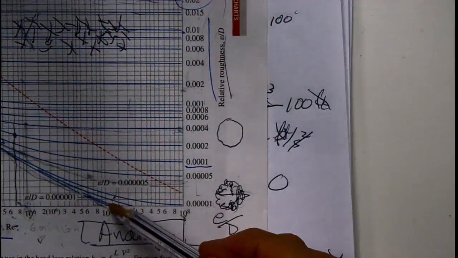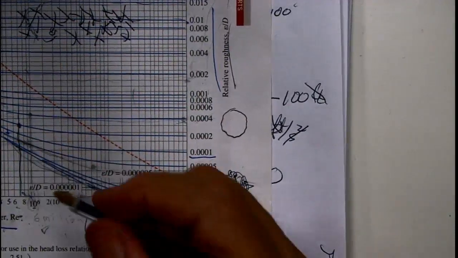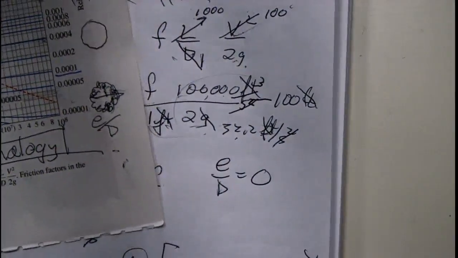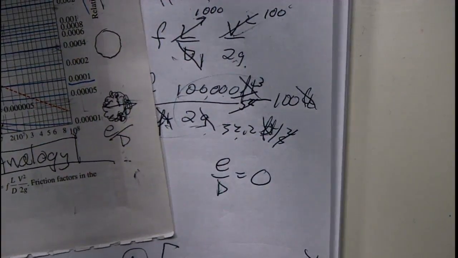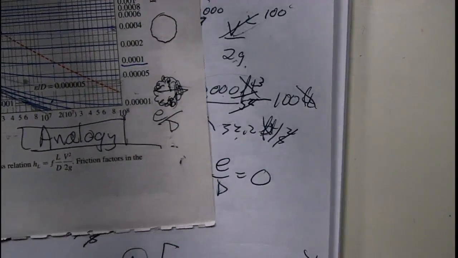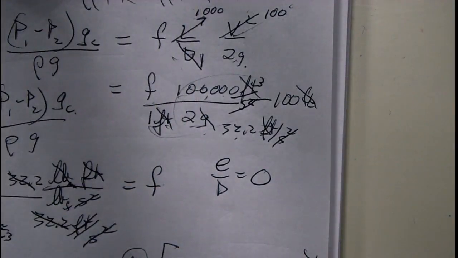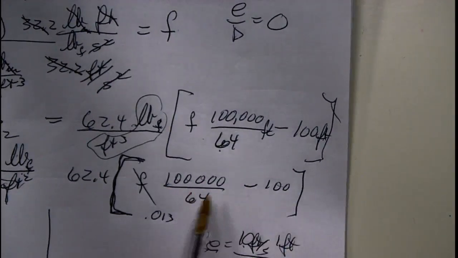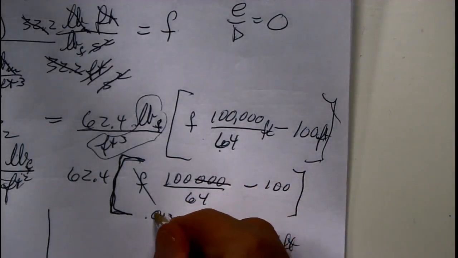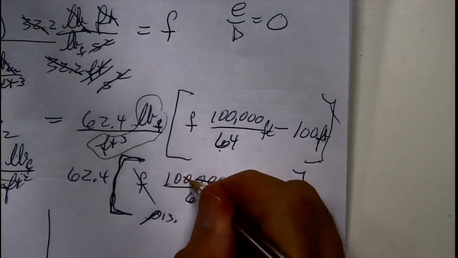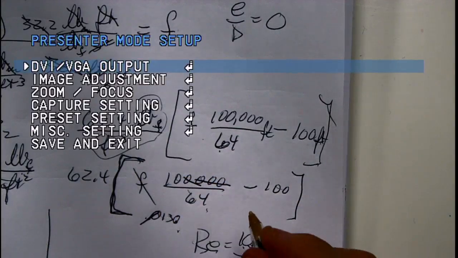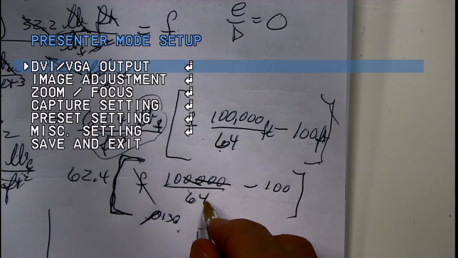And the zero line for relative roughness is there. And I'm coming up from there, and I can get a friction factor of maybe 0.03. Excuse me, 0.013 would be my friction factor. So if I then clean this mess up, if I take 3 of these, I can make this 13. If I take one more, it will be 130, 60, and 130 goes 2 times.